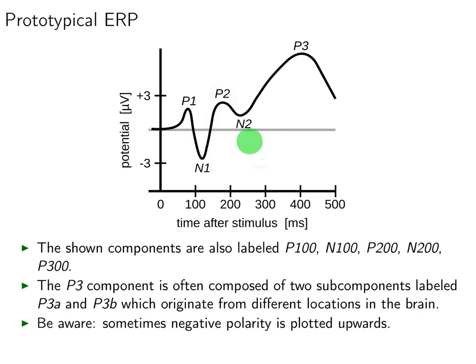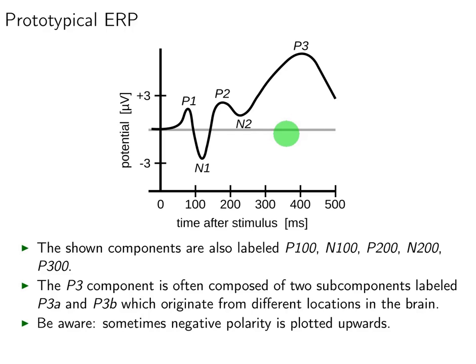And some ERP components are instead labeled by acronyms that refer to their function. For example, PE is a positive deflection related to erroneous decisions. NE, for example, reflects a negative deflection related to erroneous decisions, and can also be denoted by ERN, event-related negativity.